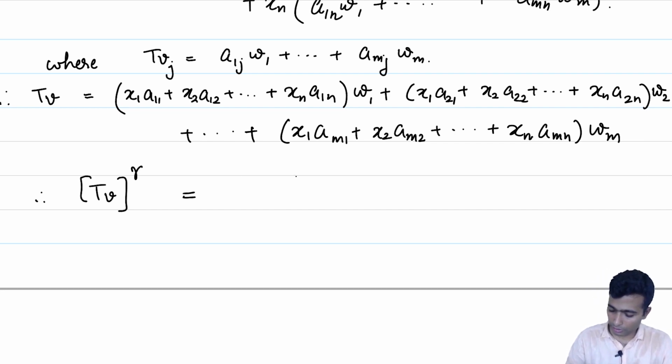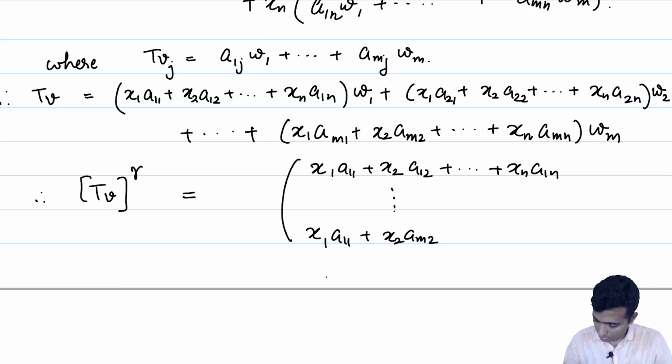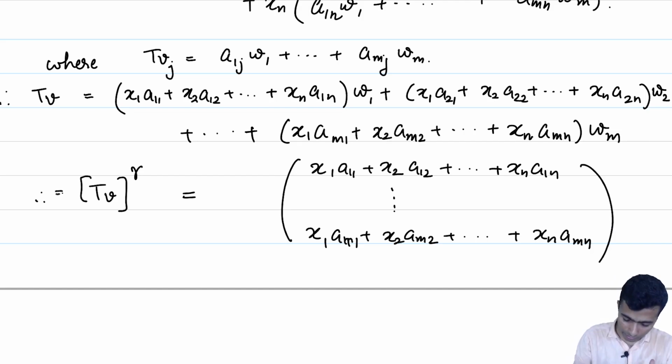This can be written down as x1 a11 plus x2 a12 plus xn a1n, dot dot dot, x1 am1 plus dot dot dot xn amn. And remember that this was nothing but y1, y2 up to ym.